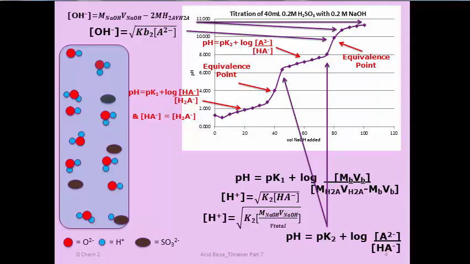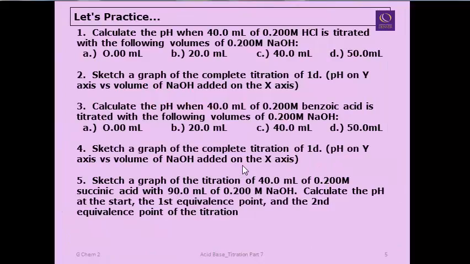And if you had to figure that out, it's the moles of sodium hydroxide, molarity times the volume of sodium hydroxide, that's creating all this hydroxide, minus the amount of hydroxide that was totally neutralized. Now in this case you need to use 2 equivalents of the acid, because we're talking about the second proton coming off.